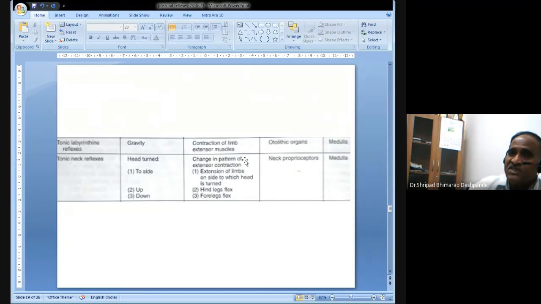There is a change in the pattern of the extensors of the limbs on the side to which the head is turned, and hind legs flex in case of upward movement, and the forelegs flex in case of downward movement. The neck proprioceptors and the otolith organs are the receptors, and the center is in the medulla.